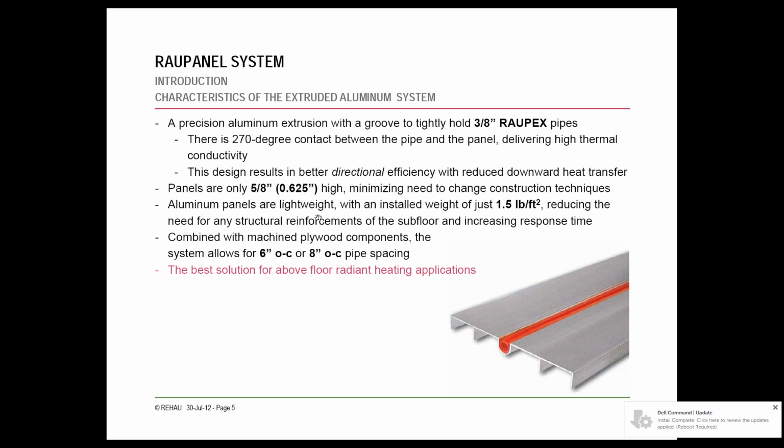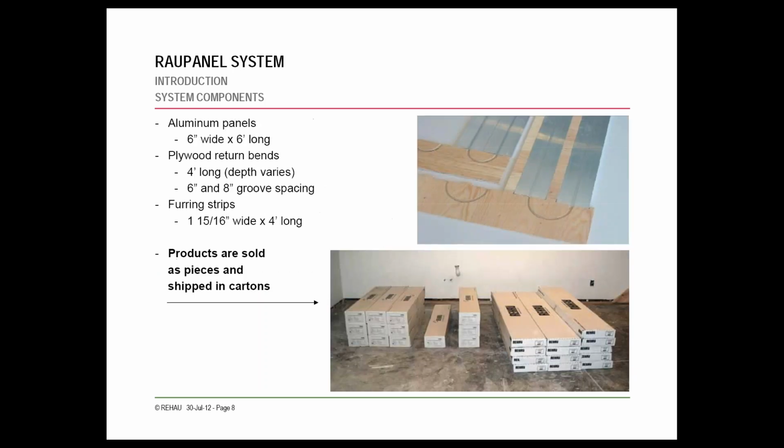So if that's a requirement, you would want to go with the Rau board instead of the Rau panel. But in terms of heat transfer, since this uses the aluminum panels, this would definitely be the preferred application. It is a very, very, very high initial cost because of all the aluminum, but it's a very effective system as well.